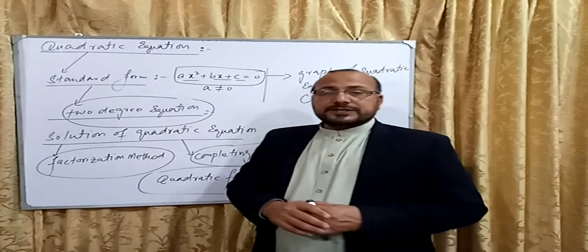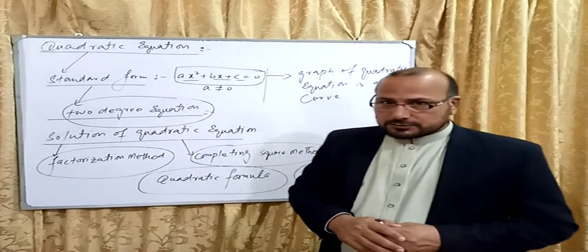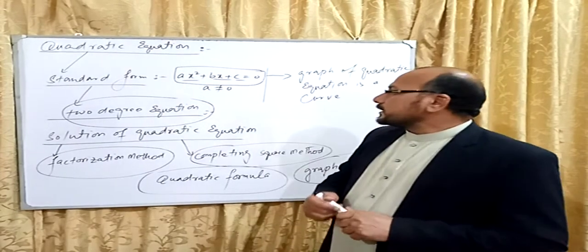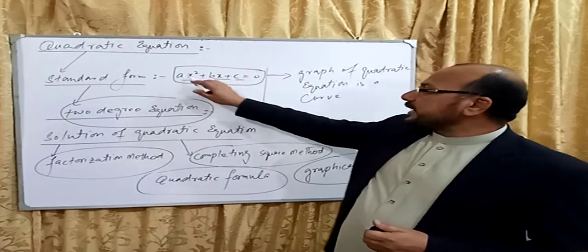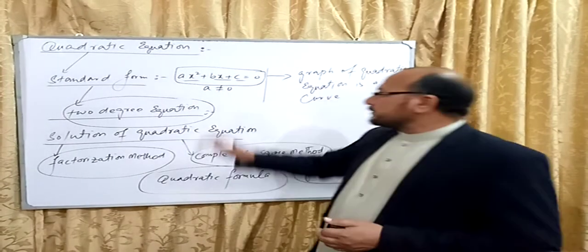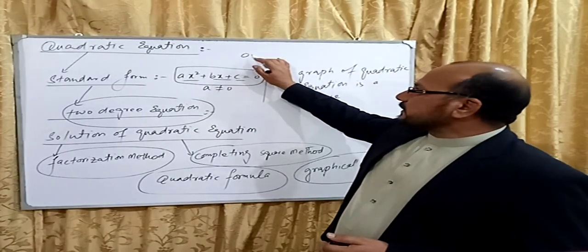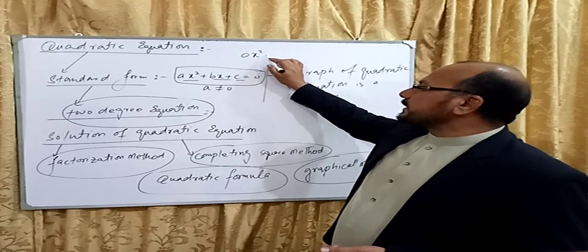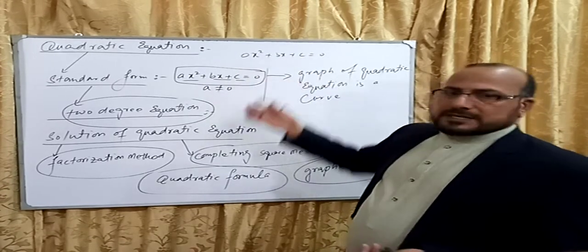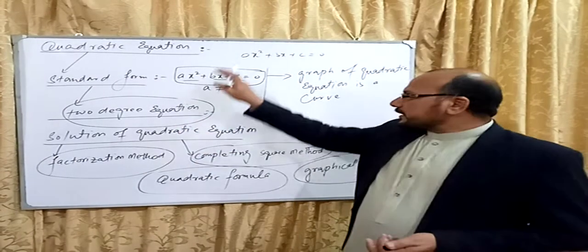The coefficient of x square, the coefficient of the square term, should be non-zero, because if a becomes 0, it will not remain a quadratic equation, but it will become a linear equation like this. Suppose we have 0x squared plus bx plus c equal to 0. So 0 multiplied by anything equals 0, so this term becomes 0.